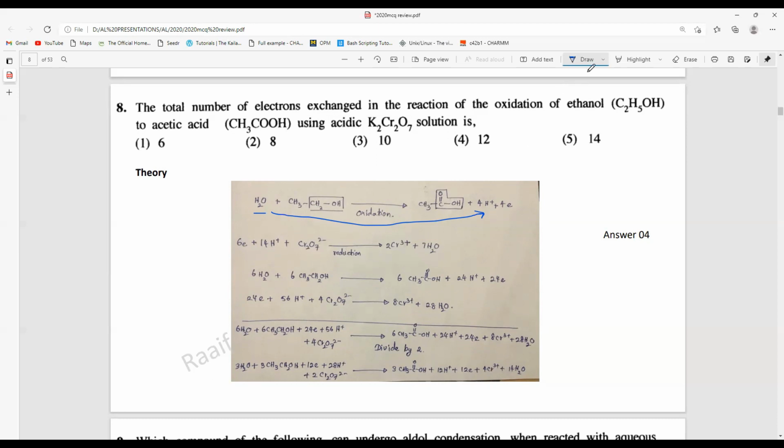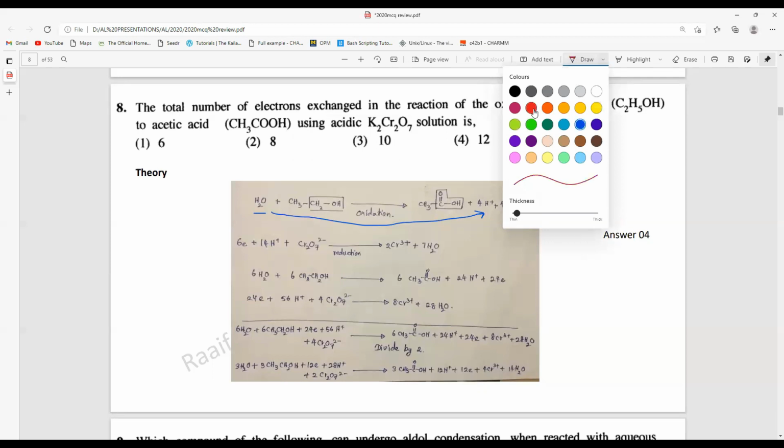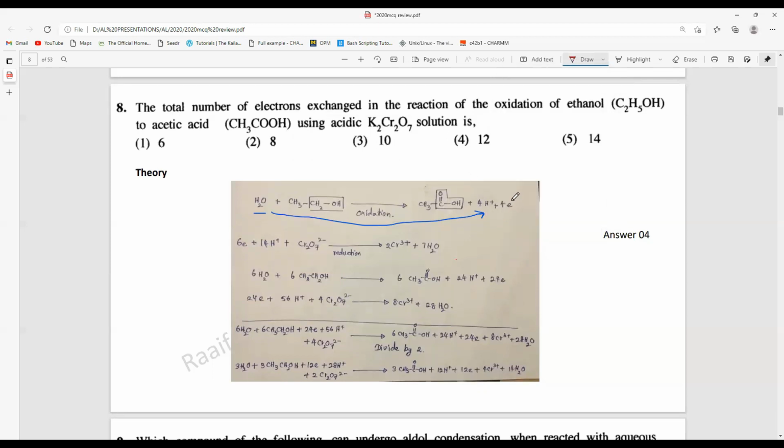Then what we normally do, we need to balance the electrons. Here there are 4 electrons and here there are 6 electrons. So I need to balance the electrons. I will multiply this by 6, which will be easy for me, and I will multiply this by 4, for example.